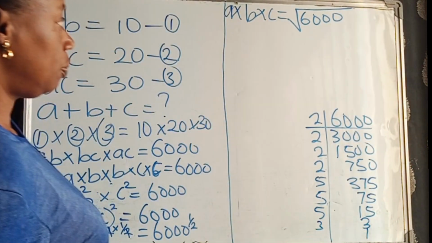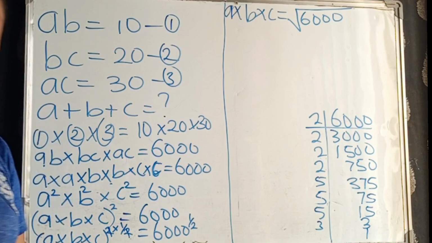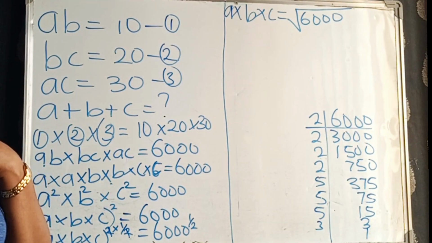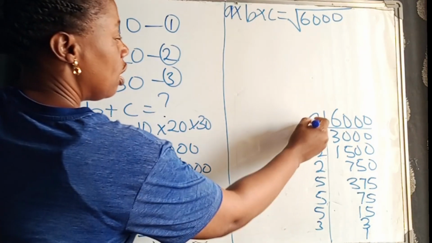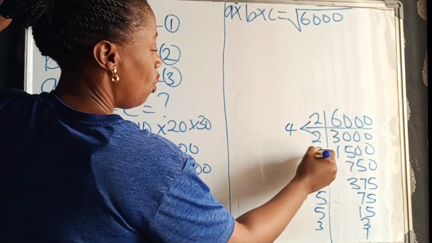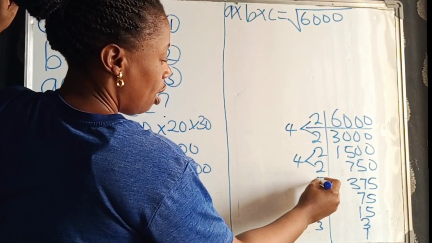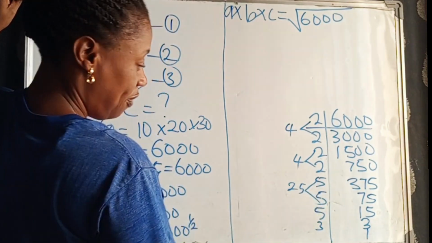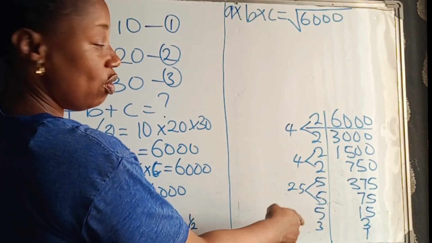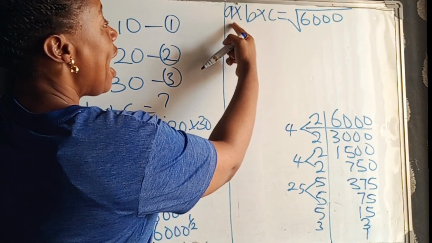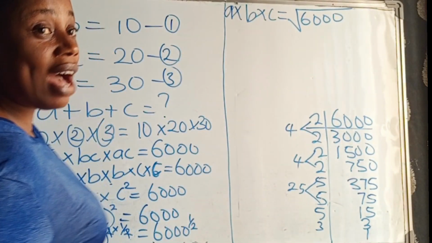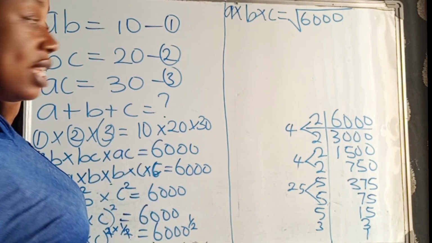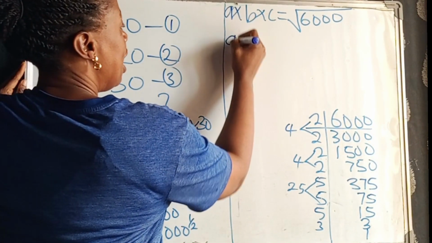We have 1. So now, because we are finding the square root, we have to multiply them in 2s. So this is going to be 2 times 2 is 4, 2 times 2 is 4, 5 times 5 is 25. Now, these ones, still leave them there. You'll see what I'm going to do with them. A times B times C is the same as ABC, so let's write it like that.